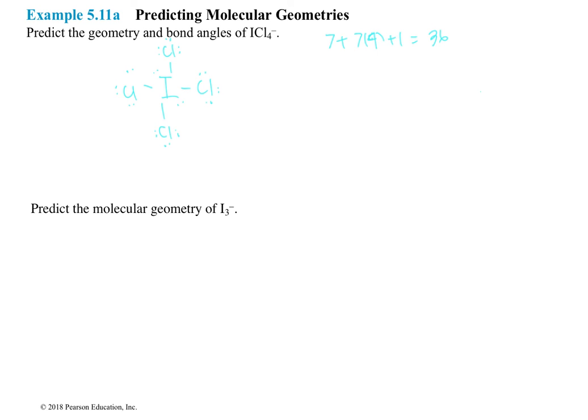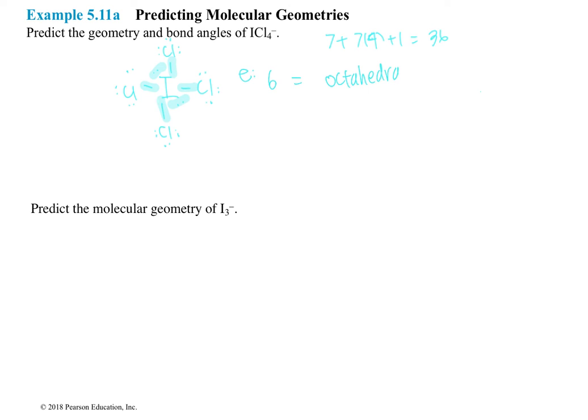So this is an expanded octet, and that works since it's below the 3rd row. So let's count groups. I have 1, 2, 3, 4 bonds, 5, 6 with lone pairs. So 6 groups. Electronic geometry is octahedral.